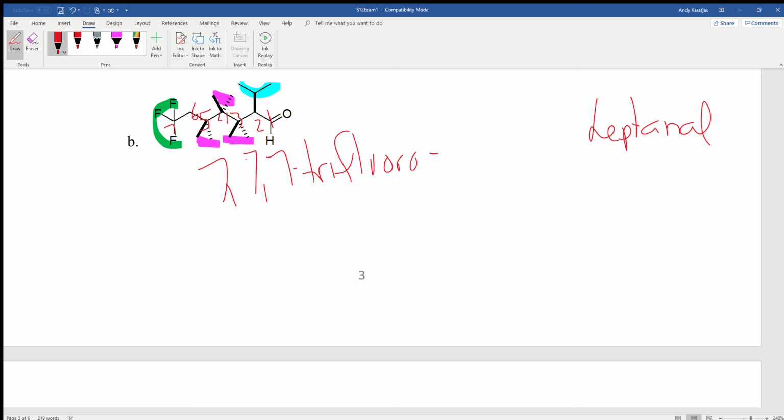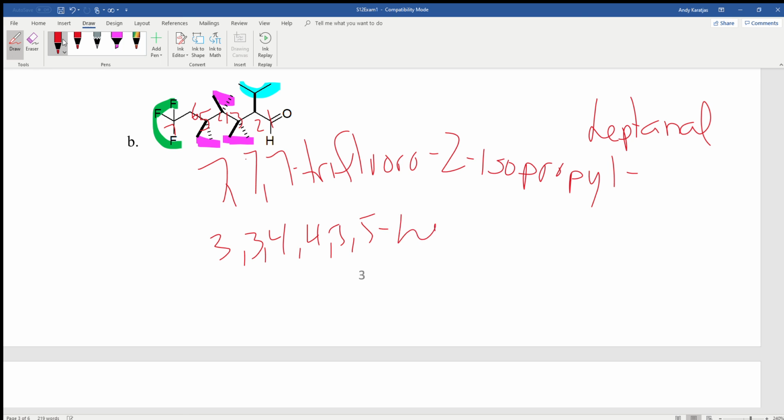Isopropyl comes next. Then all the methyls, 3, 3, 4, 4, 5, 5, hexamethyl. Heptanal.